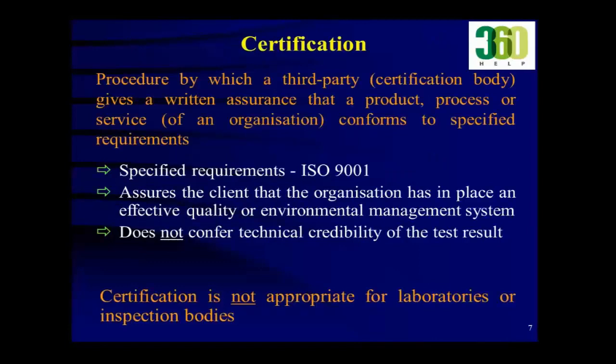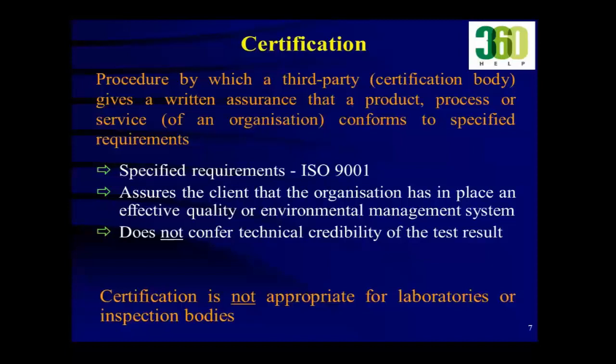Now, it's very important to understand certain terminologies. You must have heard that so-and-so industry or so-and-so organization is ISO certified, right? Then why do we say certification and accreditation are different? There is a major difference in the two things.